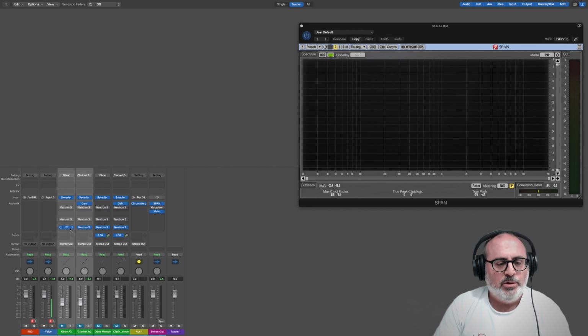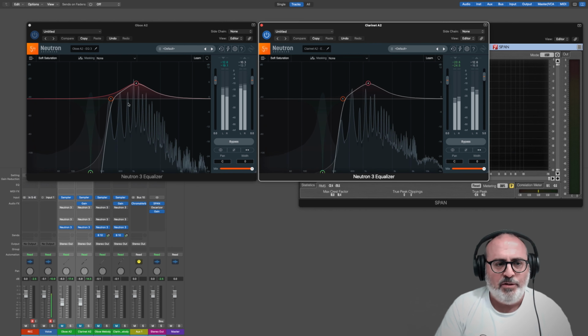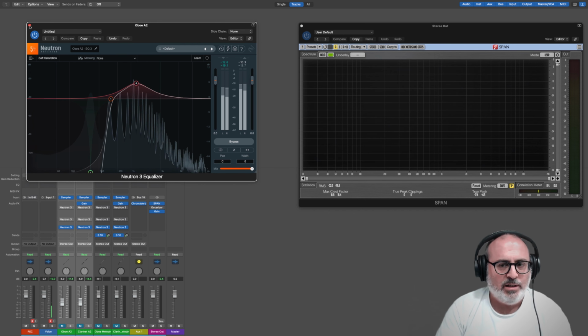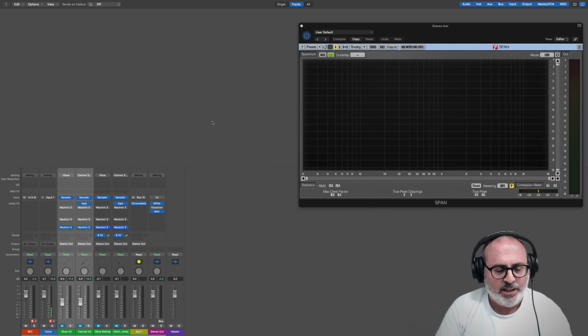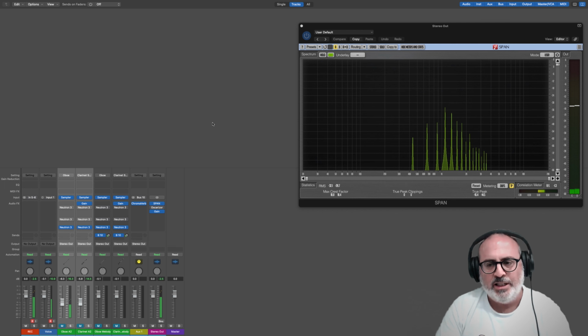Now let's do the opposite. Cut the fundamental on both instruments and enhance the harmonics on both instruments. And let's listen to how this sounds, and also look at it at the analyzer. Here's the oboe, and here's the clarinet.